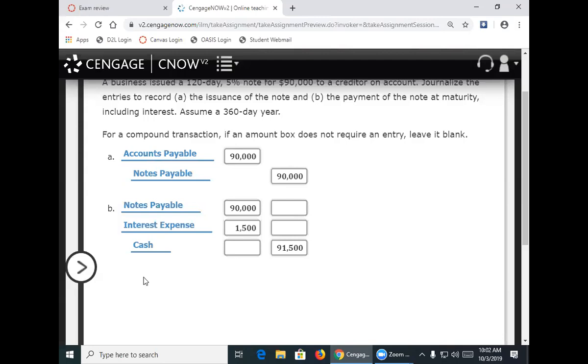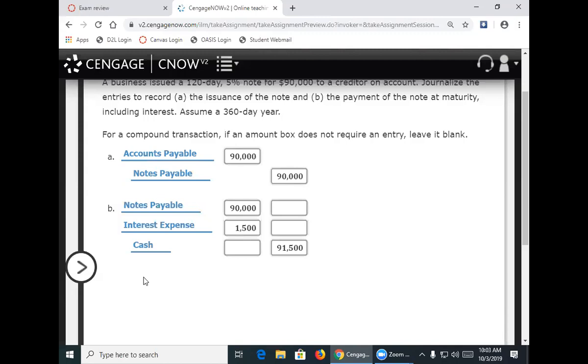And then before we say debit cash, and then credit receivable, interest revenue for them. So if they're the creditor, they're the ones receiving the money, it's going to be a debit to cash, a credit to notes receivable to close it out, and then a credit to interest revenue. You won't have that on the test, but it is on the exam prep quiz.